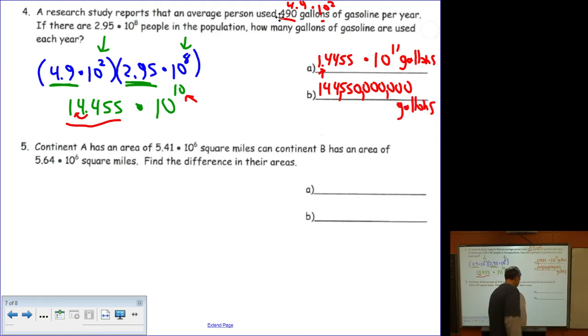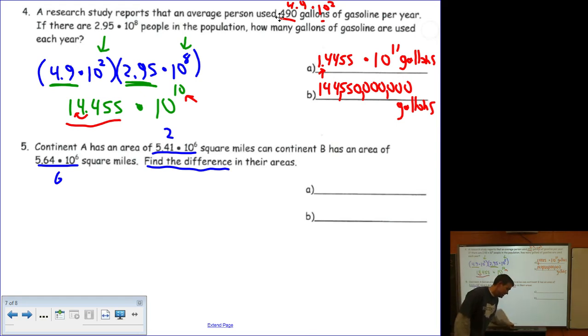All right, number 5. Continent A has an area of, let's see which one's bigger, 2 square miles. Continent B has an area of 6 square miles. Find the difference. Find the difference means subtract. We did not need the 2 and the 6 to know that find the difference means subtract.